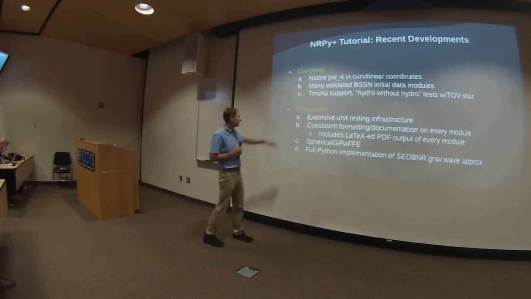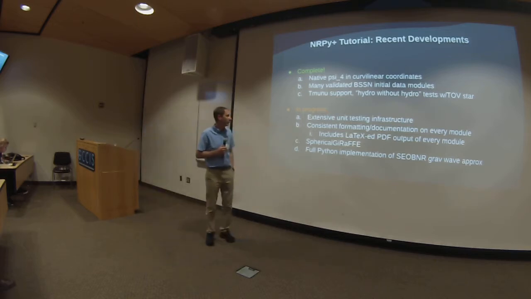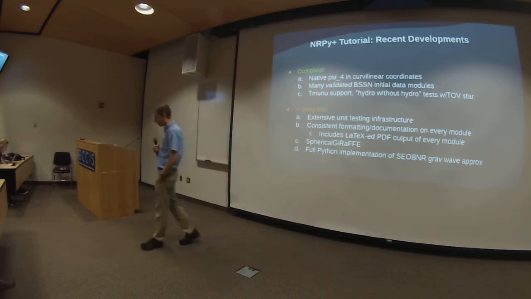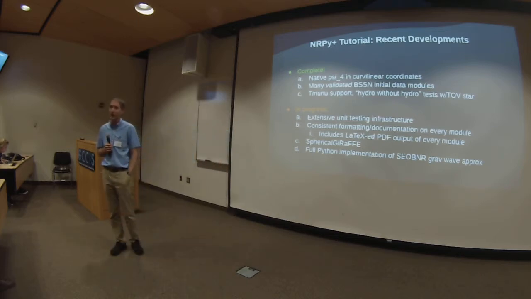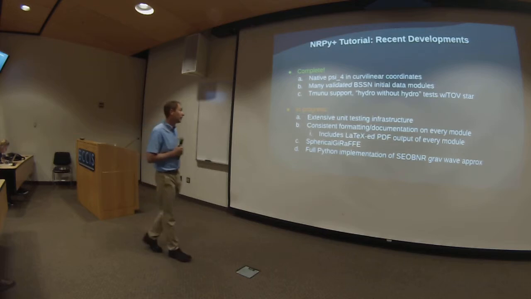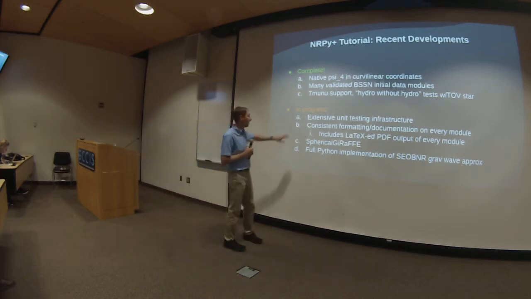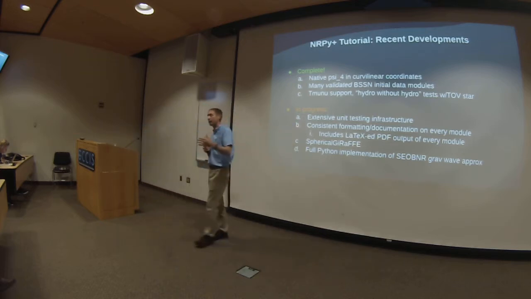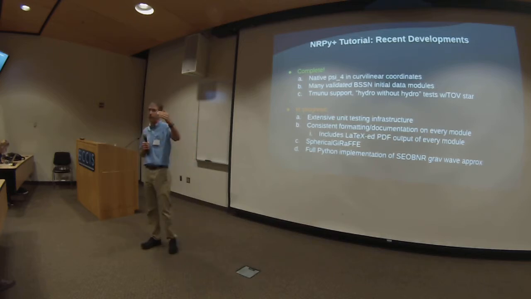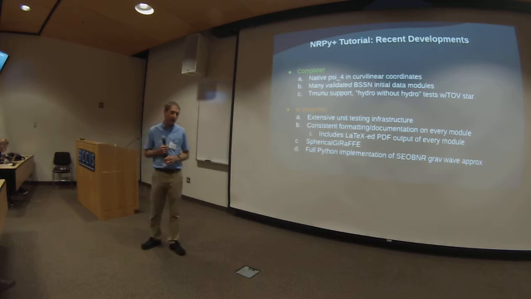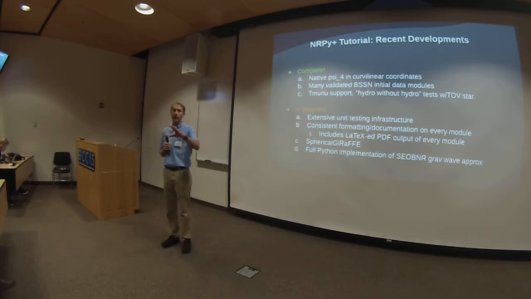So it's very nice. Consistent formatting, documentation on every module. When I started the NRPy tutorial, I didn't really have anything in mind in terms of consistent formatting, but we now have a lot of it. Basically every Jupyter Notebook tutorial has a table of contents and an introduction. At the very bottom, there is a way of outputting the Jupyter Notebook to a clickable PDF file.